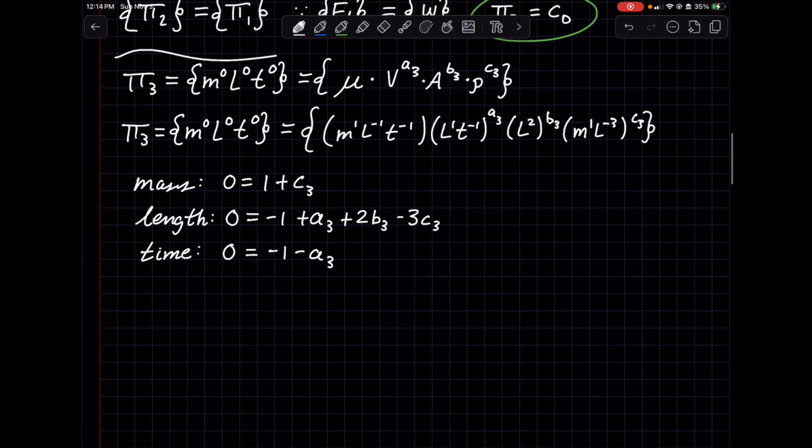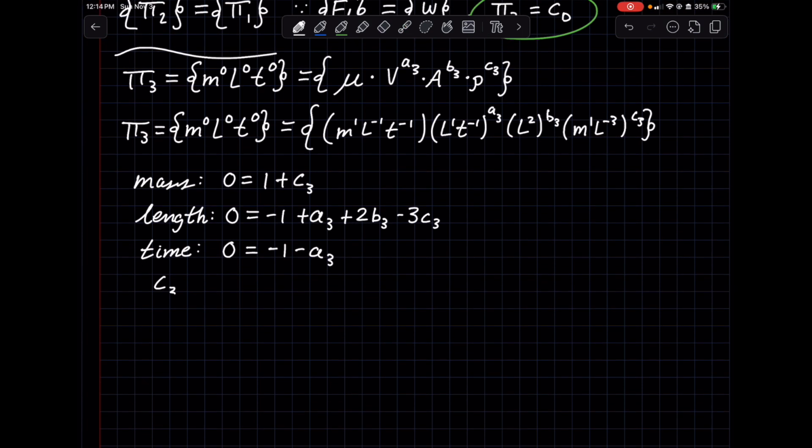So solving the system of equations, C3 is equal to -1, A3 is equal to -1, and then all we have to do is solve for our B3 term.